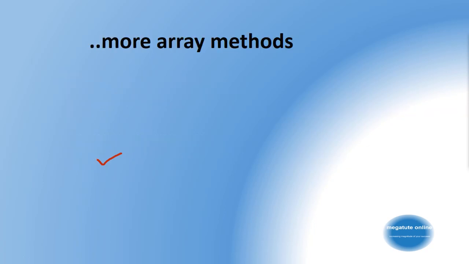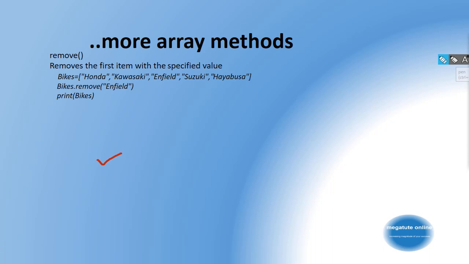So we are telling which name has to be removed. This is the only difference. Both are doing the same job here. So if I specify bikes.remove(Enfield), it is going to remove this bike name from the list, and when we print it, it will show us all the other names other than the name which the user wants to remove from the list.